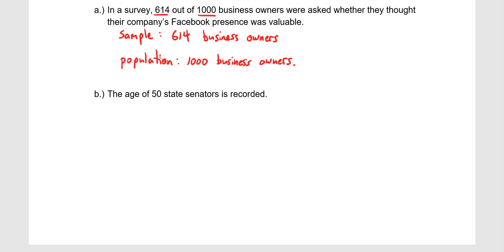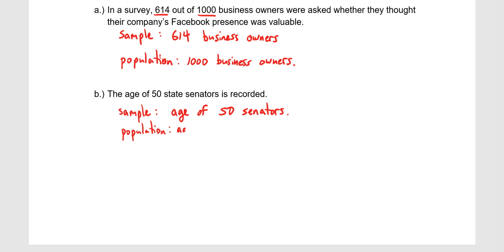Okay, and now for the next one. We have the age of 50 state senators is recorded. So the sample is going to be the age of 50 senators. And the population is going to be all the senators' ages.